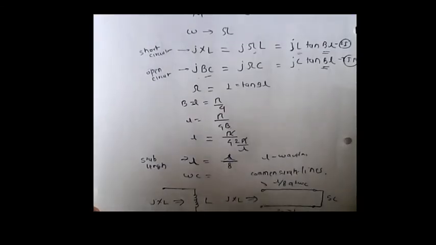This will be asked from an exam point of view. So just remember that the lumped element filter can be replaced by short circuit and open circuit for inductor and capacitor.